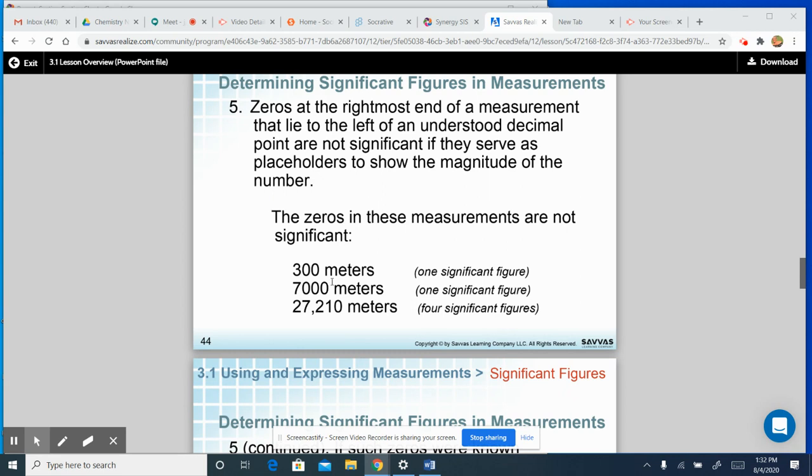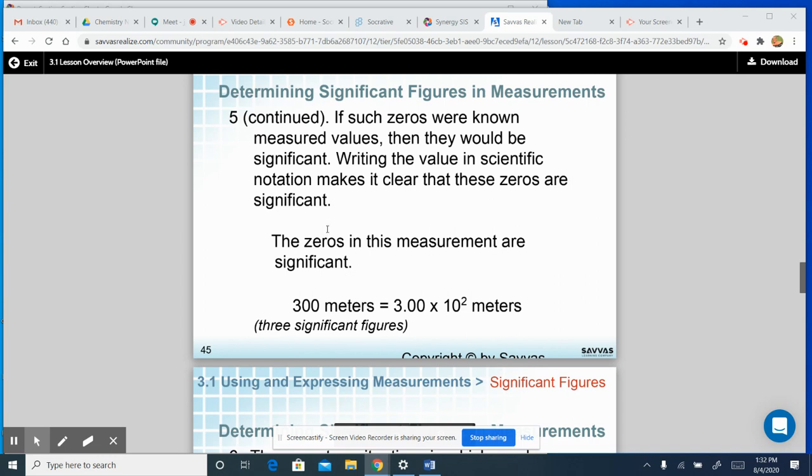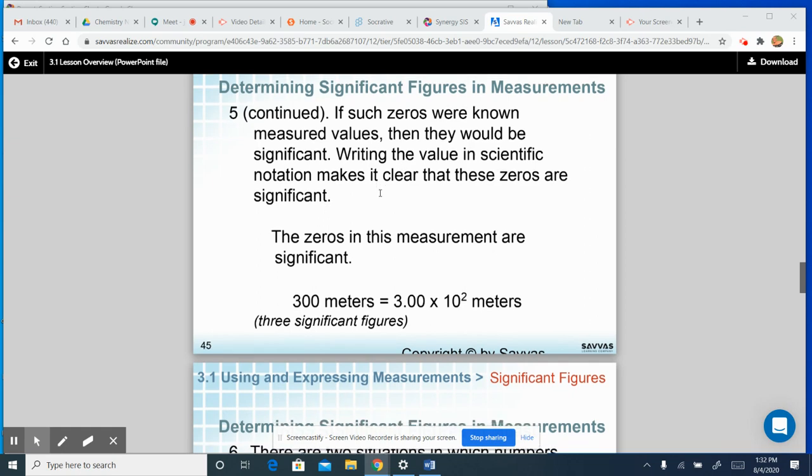Again, the decimal is understood to be at the end of the number. We could write this as 7 times 10 to the third power, and we could write it as 2.721 times 10 to the fourth power. If zeros were known measured values, then they're always significant.